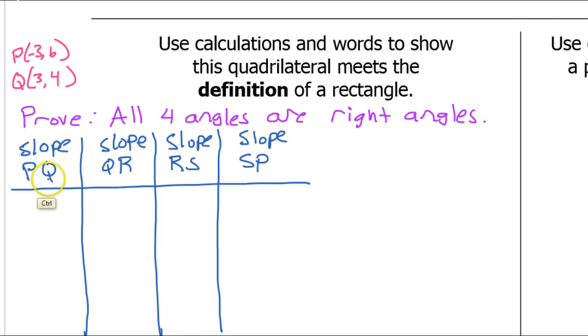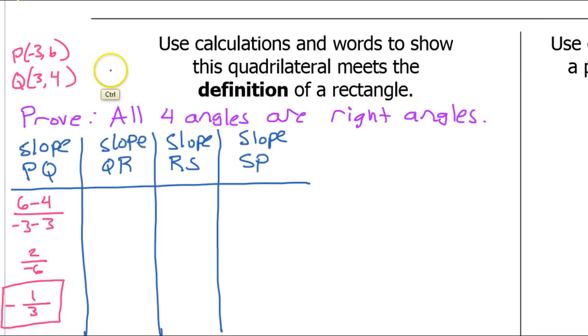If I want to do the slope, I'm going to do y minus y over x minus x. So that's going to be 6 minus 4 over -3 minus 3. So that's going to be 2 over -6, which reduces down to -1/3. Okay, so that's my first slope.